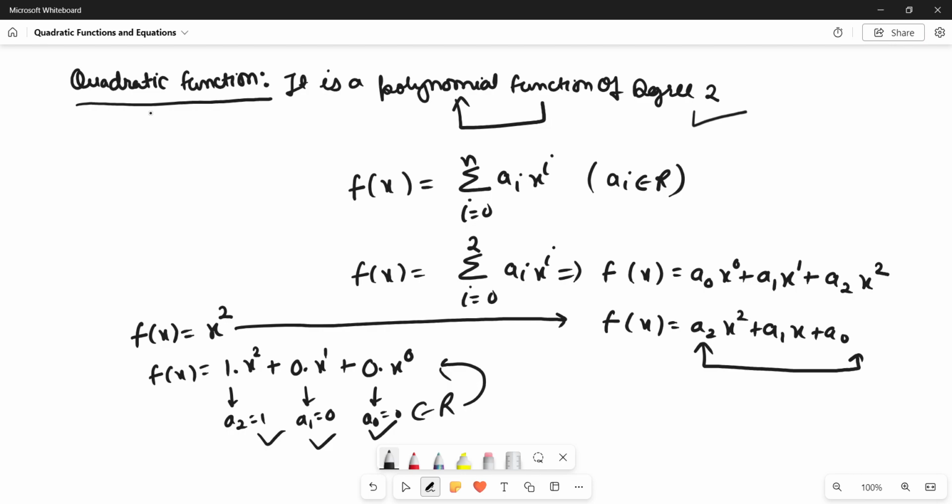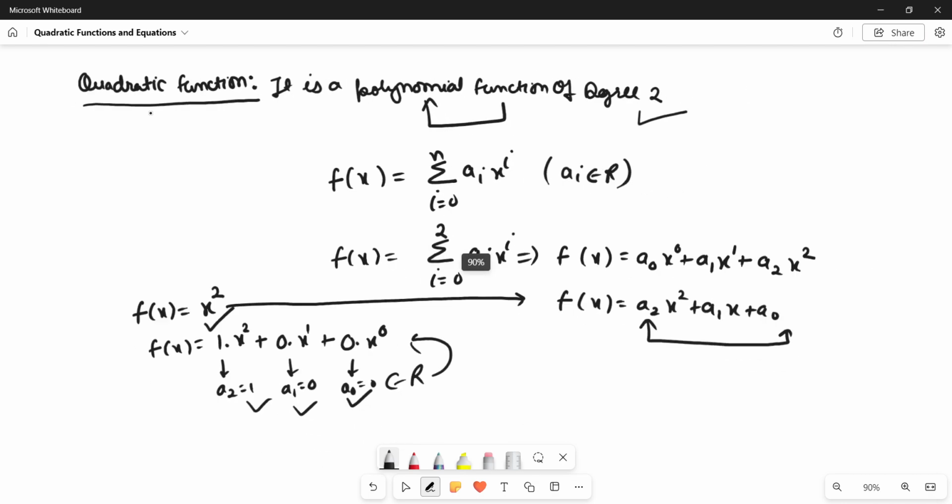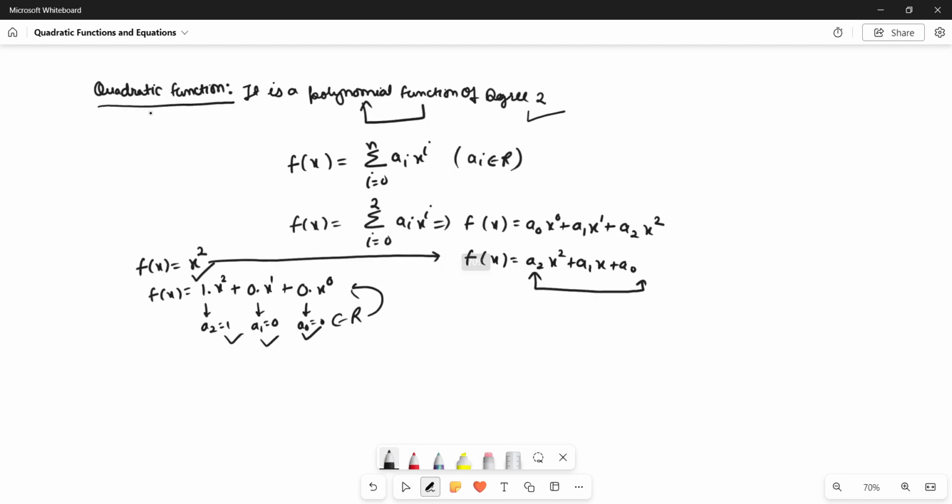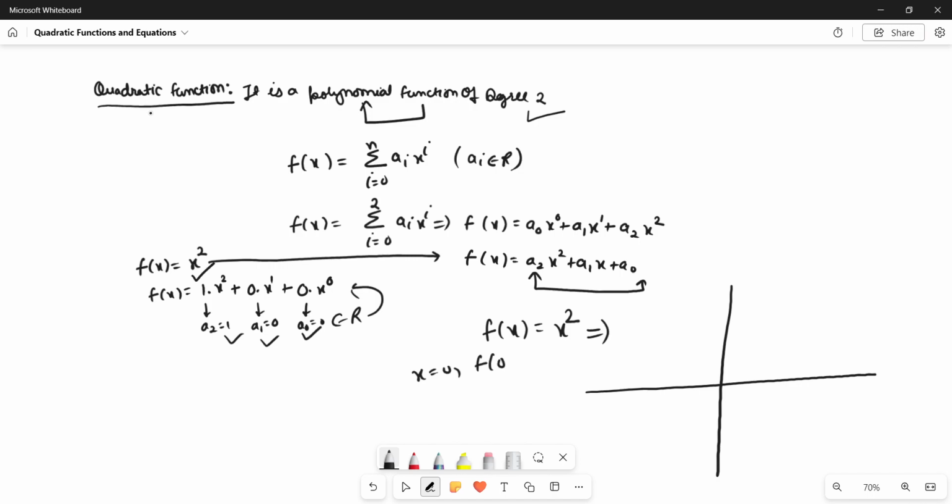Now let us try to plot the graph of f of x equal to x square. Let us take x equal to 0. At x equal to 0, we will get f of 0 equals square of 0.